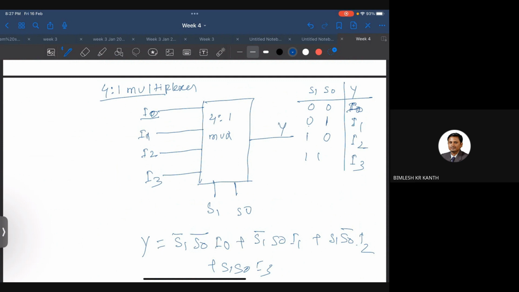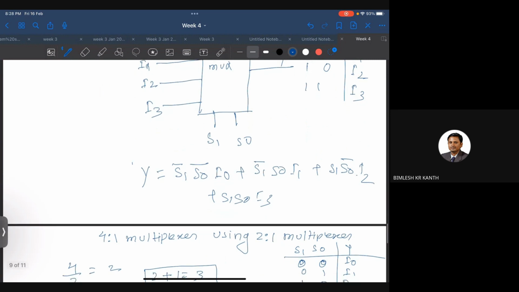When it's 0, 1, means S1 is 0 and S0 is 1, I1 is selected. When S1 is 1 and S0 is 0, then I2 is selected. So I2 and I3 are fixed here, like 0 and 1. So 1, 0, then 1, 1, then I3 is selected.